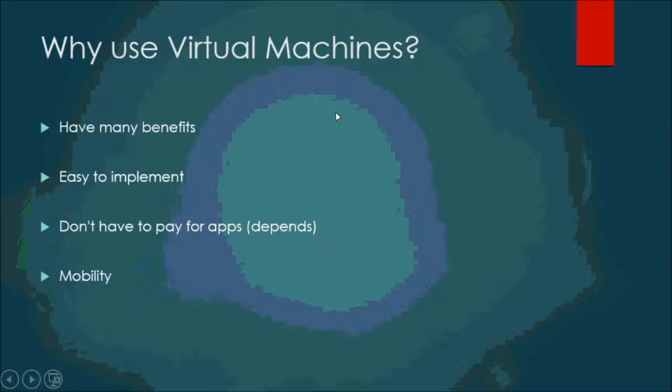They're easy to implement. An example of this is, let's say you're doing testing. You buy a new product, and before you install it on your server, before you implement it on your users' computers, you want to make sure that it doesn't have any bugs and doesn't crash the system. So you check it on a virtual machine for a few days or maybe a few weeks.